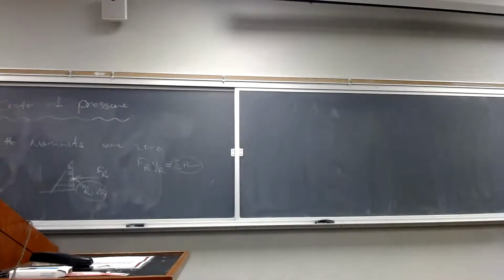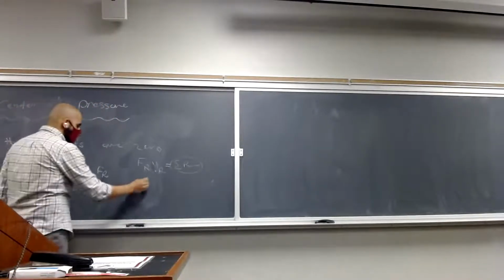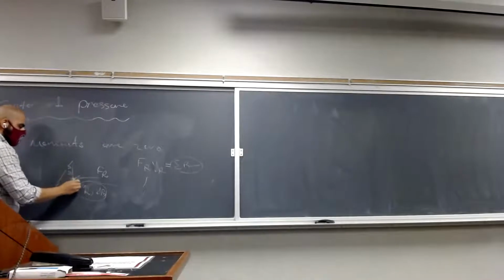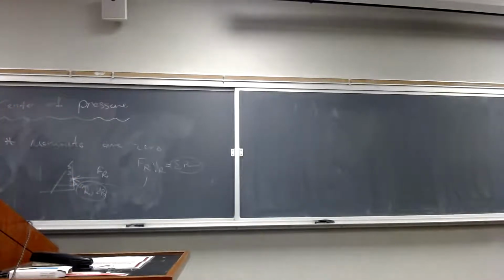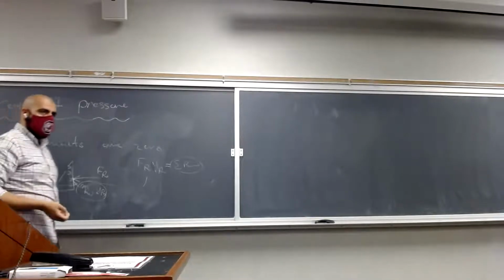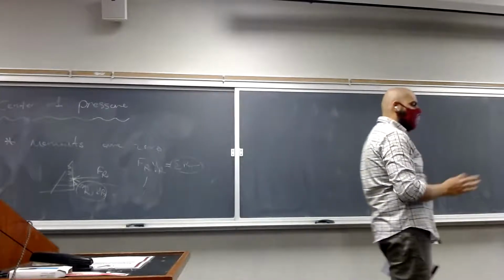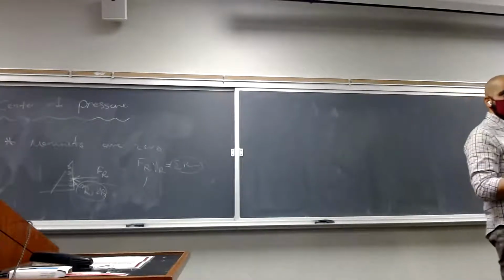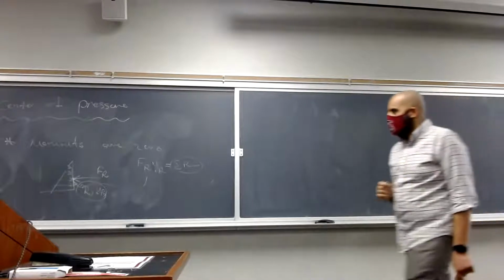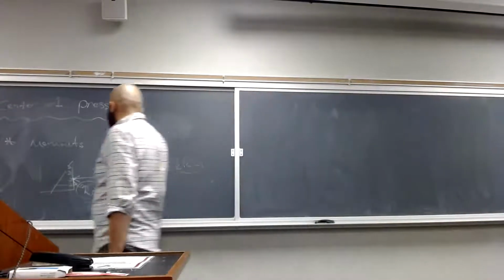That moment balance actually means that the resultant moment at this point is going to be 0. So the point we found, the point that the resultant force passes through, is called the center of pressure. That's it. So you just have to make sure you know that, right?